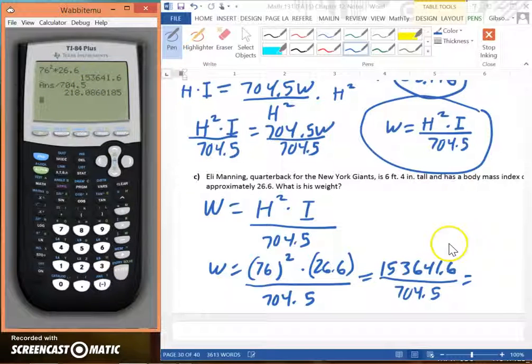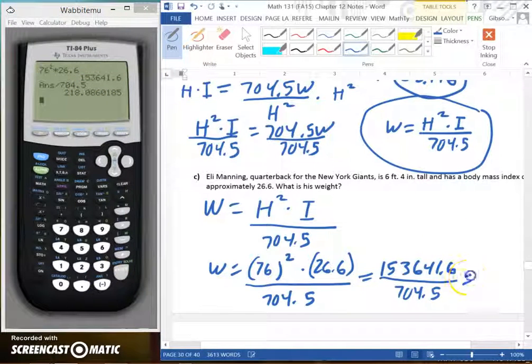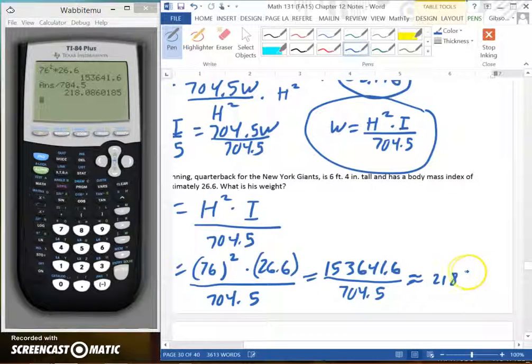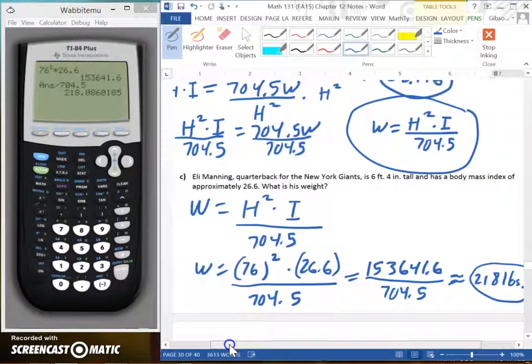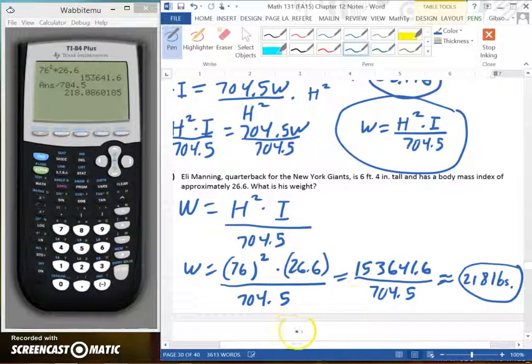If we round to the nearest pound, that gives us approximately 218 pounds.